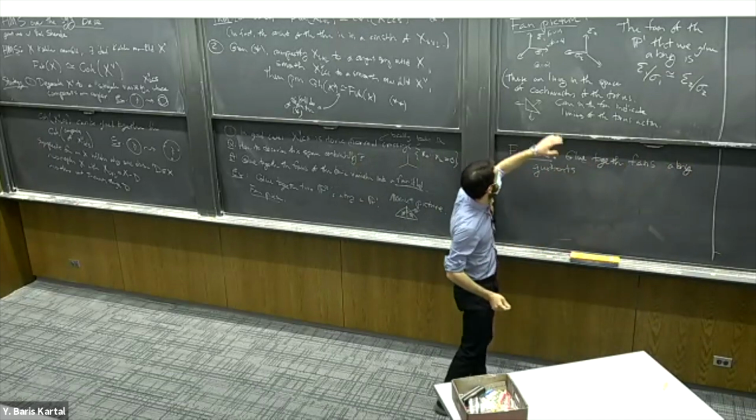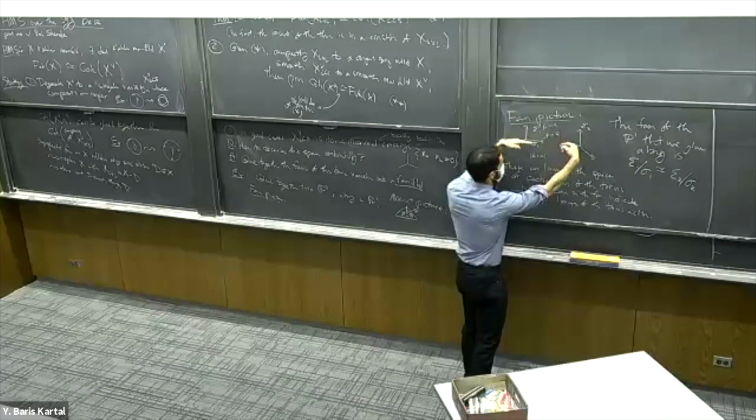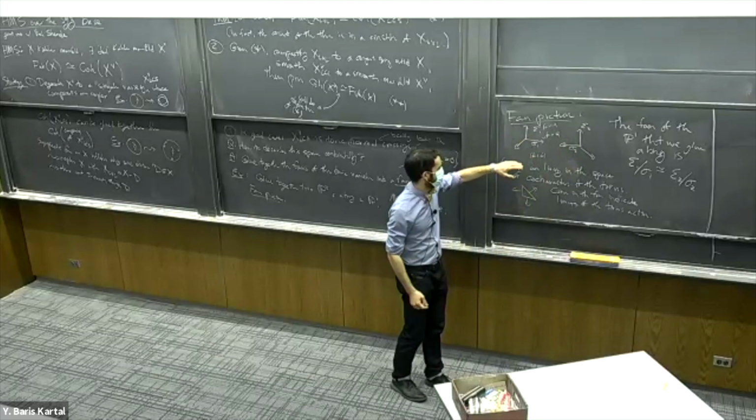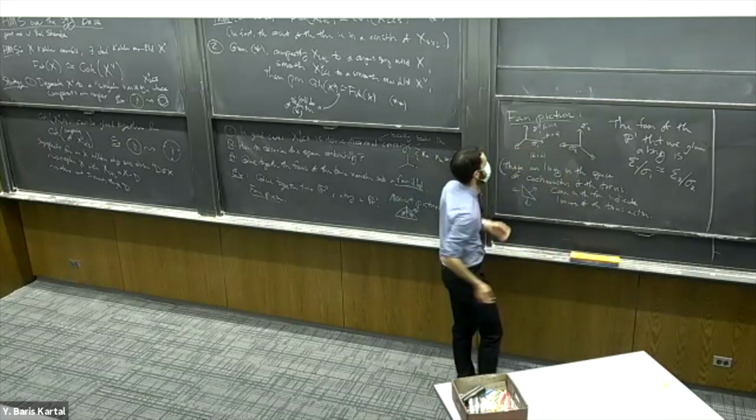So right, this is a fan of cones, and if I want to glue together the fans along here, then what I should do is take the quotient by sigma 1 and the quotient by sigma 2 and identify them that way.